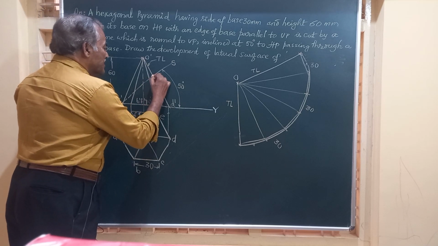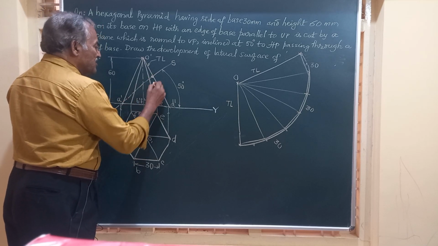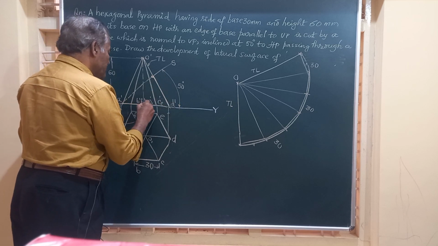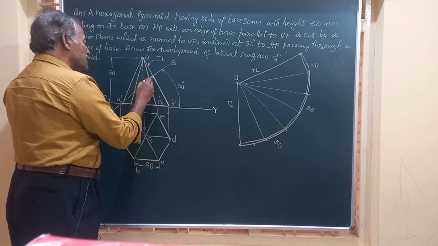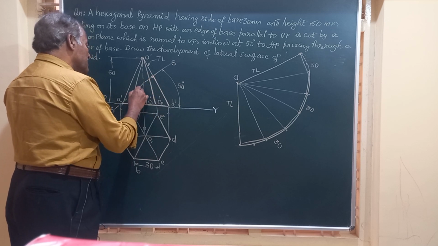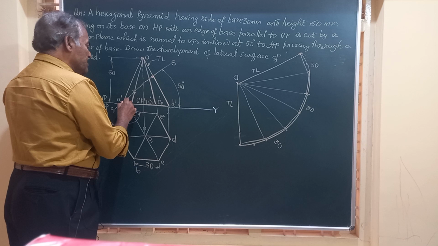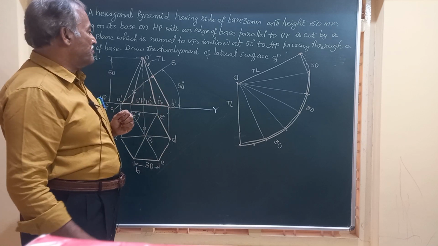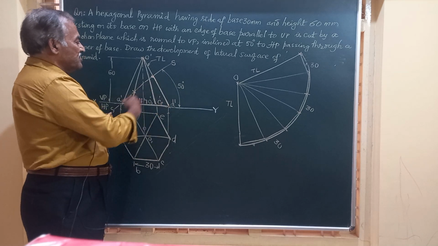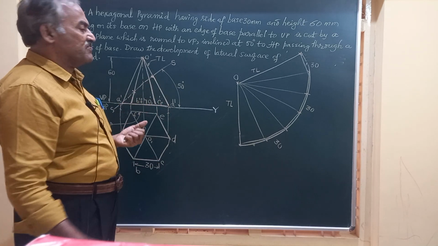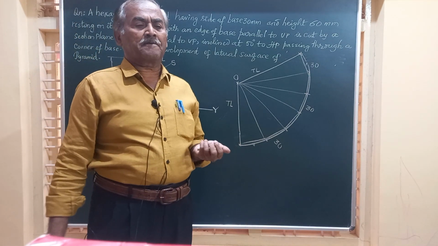From here till here, this part is going to be retained, for which we are required to draw the development. This is how the section plane looks. This section plane is cutting the pyramid at an angle of 50 degrees to the horizontal.